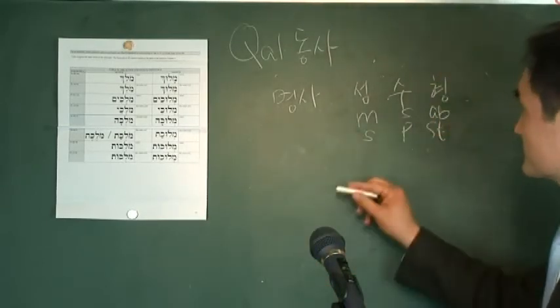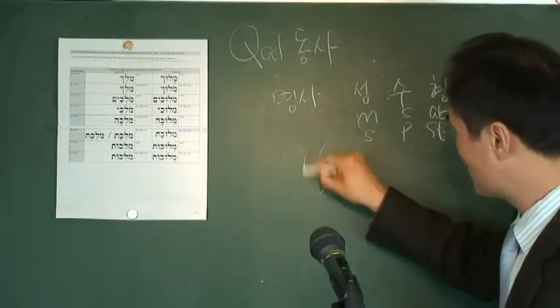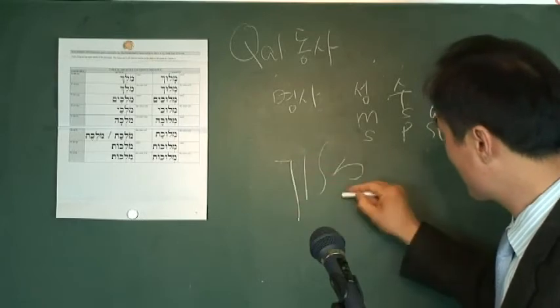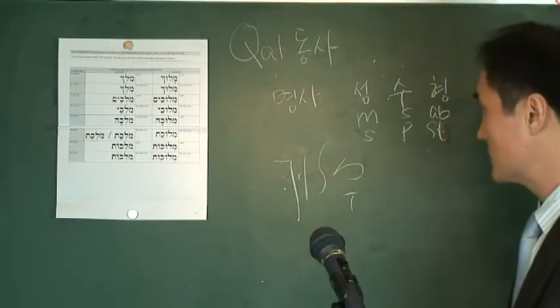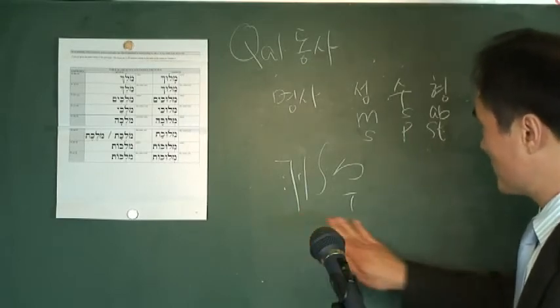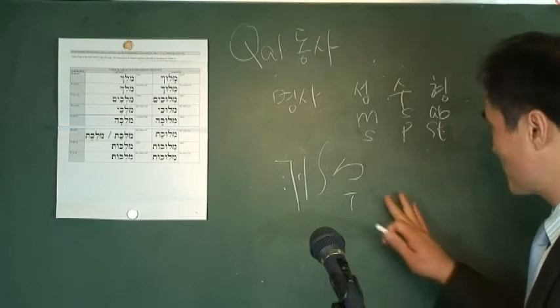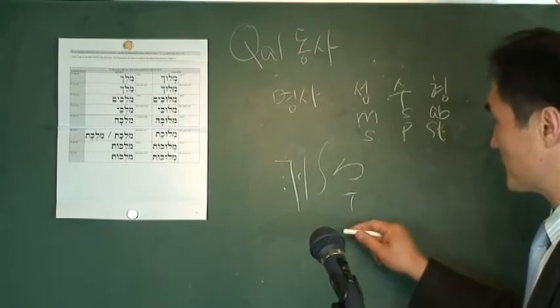The passive participle also changes. The passive participle is maluk. This is the masculine singular form.